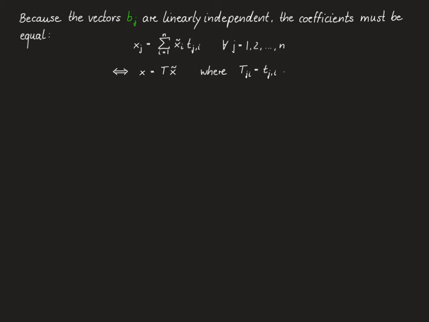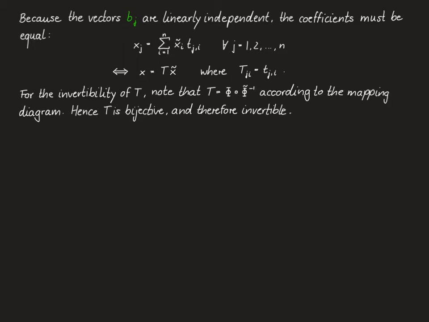And this, of course, is mathematically equivalent to saying that x, which is the vector of the elements x_j, is equal to a matrix T times x tilde, which is the vector of the elements x tilde_i, and the matrix T is defined as having the ij-th element being equal to t_ji.